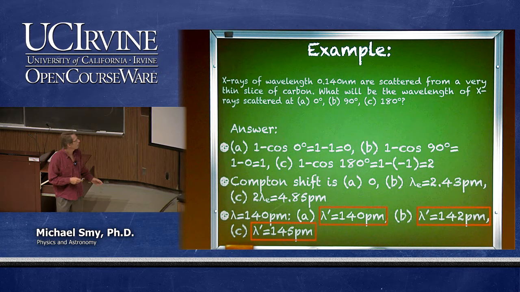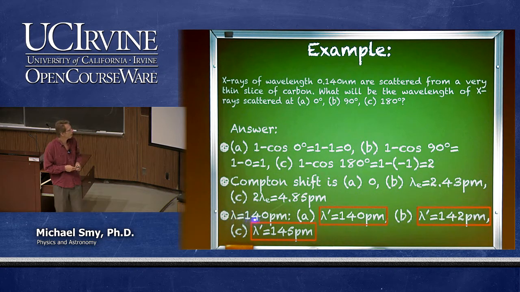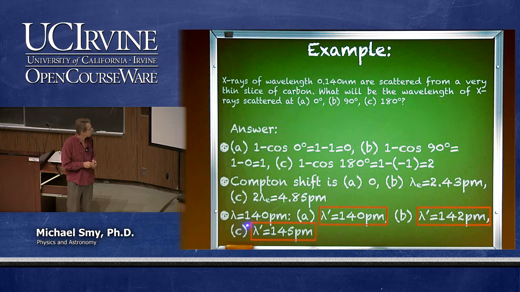So now we can calculate the Compton shift, which is just the Compton wavelength times these expressions. So we get no Compton shift at all for part A. We get the Compton wavelength, or 2.43 picometers for part B, or we get twice the Compton wavelength of the electron, or 4.85 picometers for part C. So since we have originally 140 picometers as the wavelength, therefore the scattered wavelength is in part A again 140 picometers, since there's no shift.